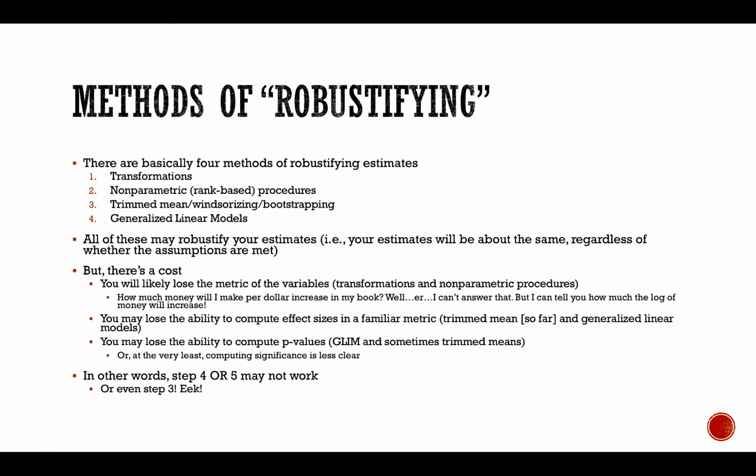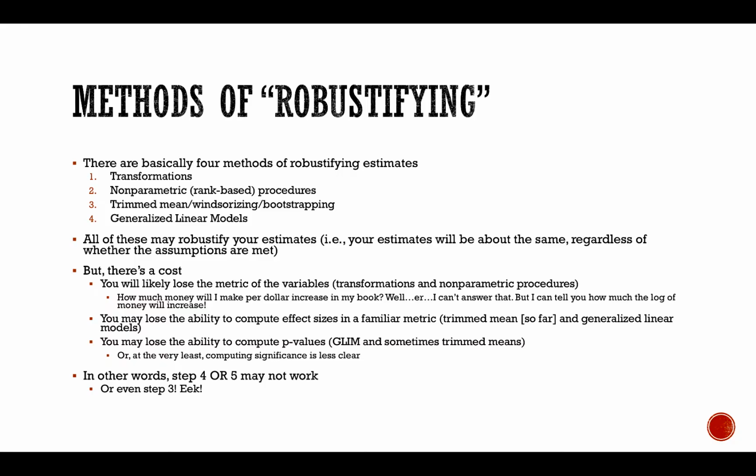So GLMs, at least in R, GLMs we'll talk more about that later, but they don't naturally report a p-value. And sometimes the trim means don't report p-values. And at the very least, even if we can't compute p-values, the meaning of significance is much less clear than it is with simple models. So in other words, step 4 or 5 of the 8 steps of data analysis may not work, or even step 3. Eek, that's a problem.